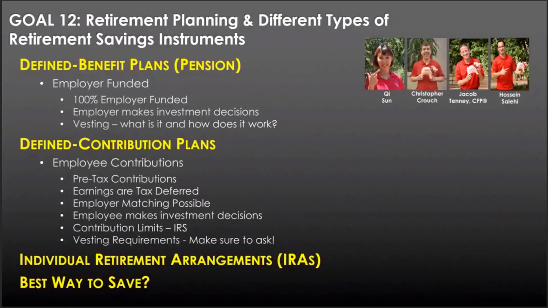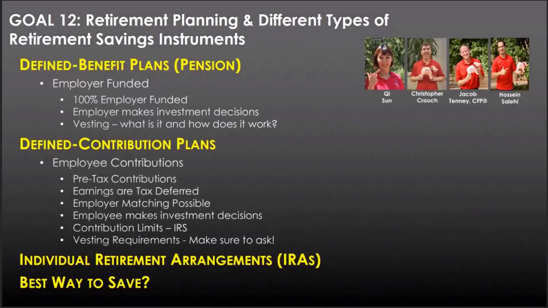Okay, guys. So let's now talk about goal 12, the last goal, and talk about retirement saving accounts. So first thing that we need to know is the difference between defined benefit plans and defined contribution plans. Anybody knows the key difference between these two? So who is contributing into defined benefit plans?